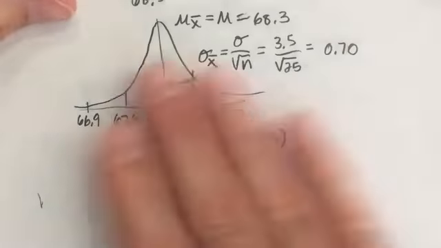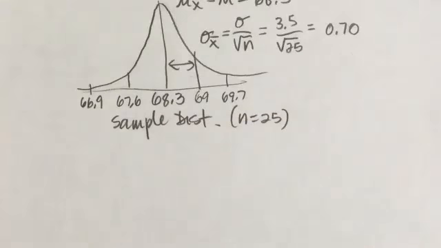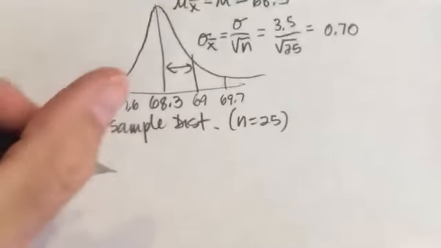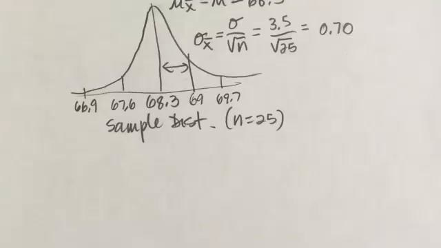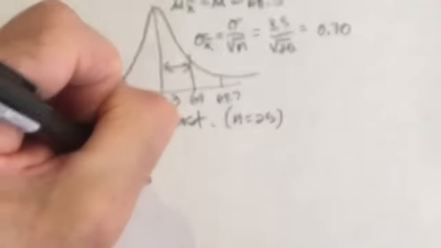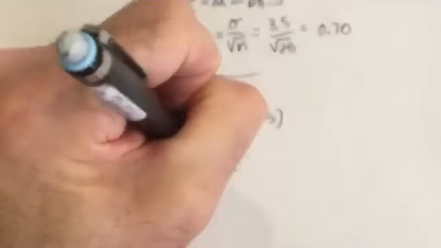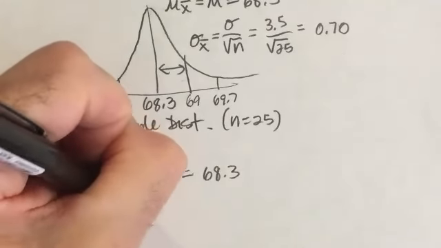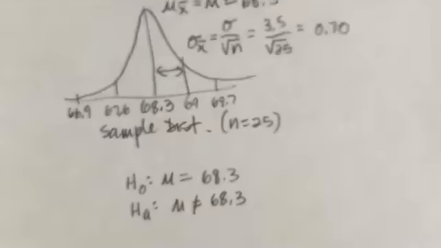So what we want to do is actually calculate it and find out the number. So we say, what's our p-value? In other words, well, let me write down the hypothesis first. The claim was that it's not equal to 68.3 degrees. So our null hypothesis is that the mean is 68.3, and the alternative is that the mean is not 68.3.